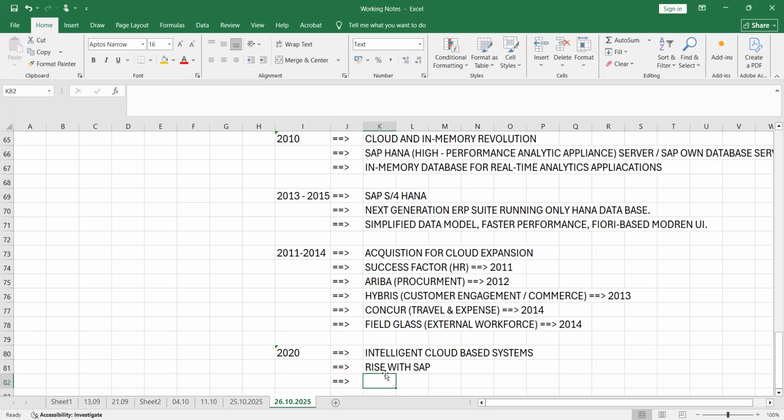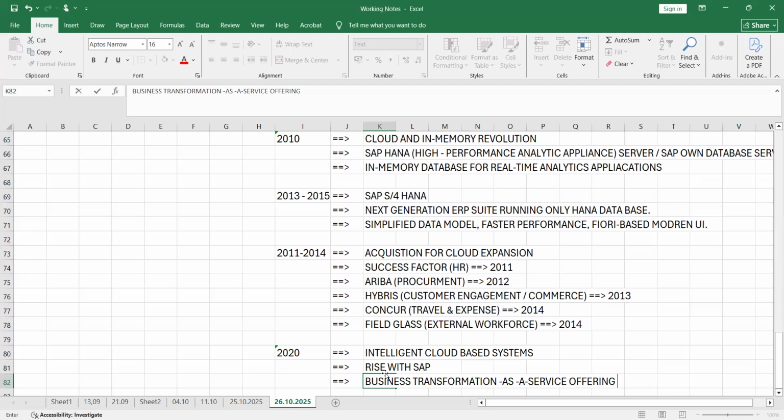At the same time, they came up with business transformation as a service offering.